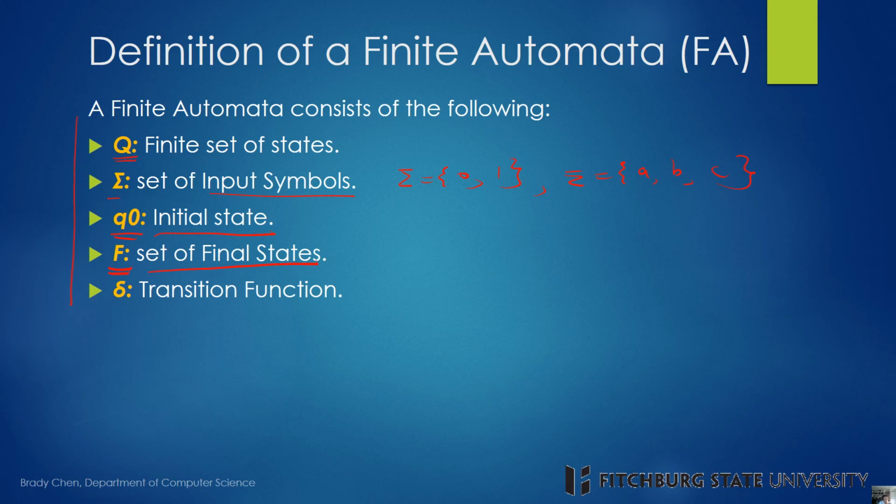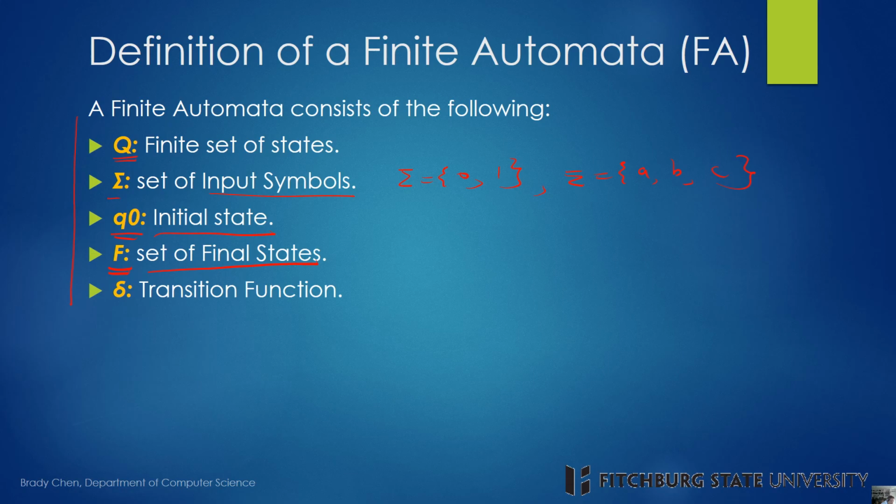Remember, the finite automata can accept a string, and this is the input. We're going to start from the first state, the initial state Q0, and based on the element in the input, we're going to decide which next state we're going to move to.